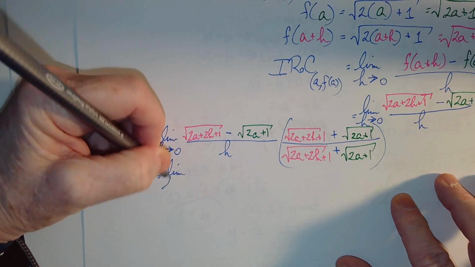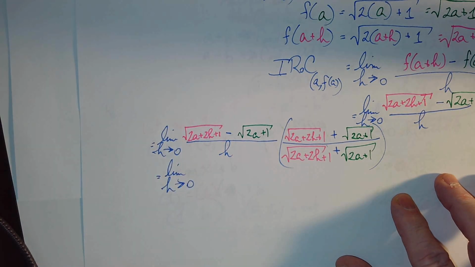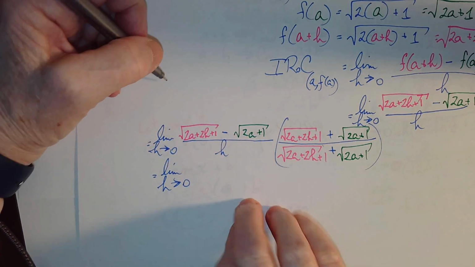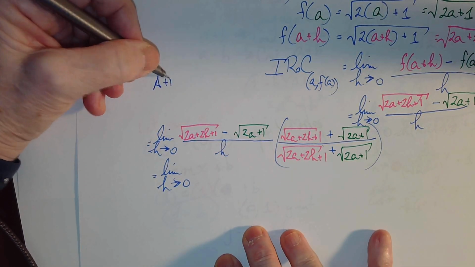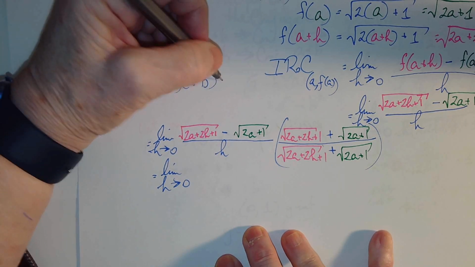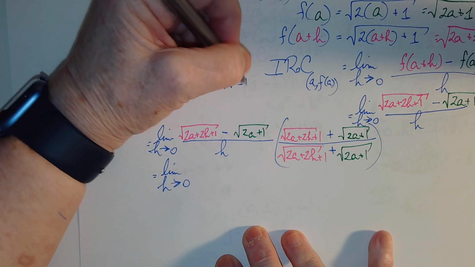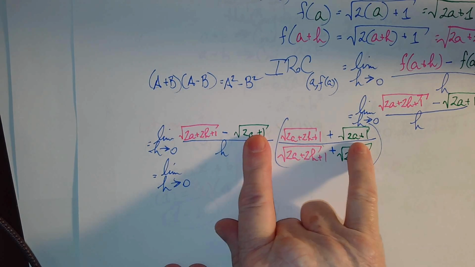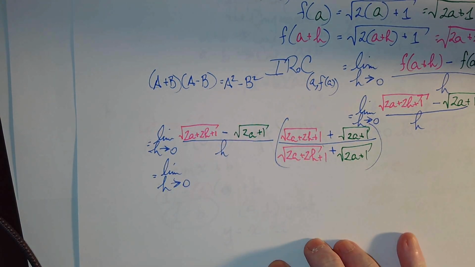The limit as h goes to 0. In the numerator, I know that (a plus b)(a minus b) is a squared minus b squared. So I'm going to square the first, square the second with a negative sign in the middle.